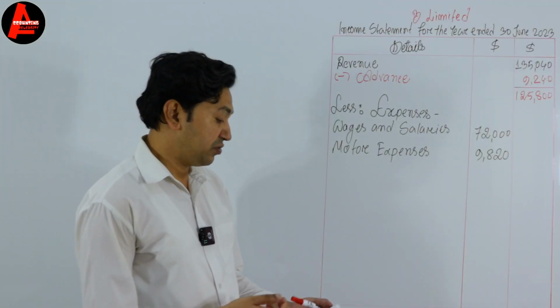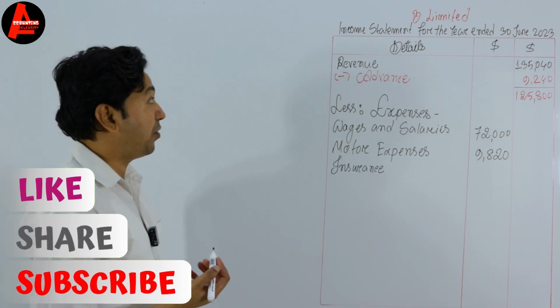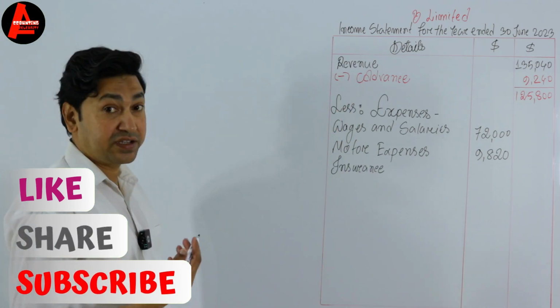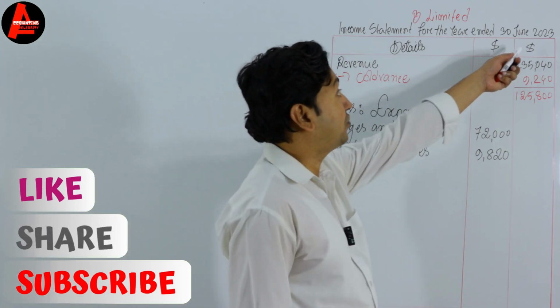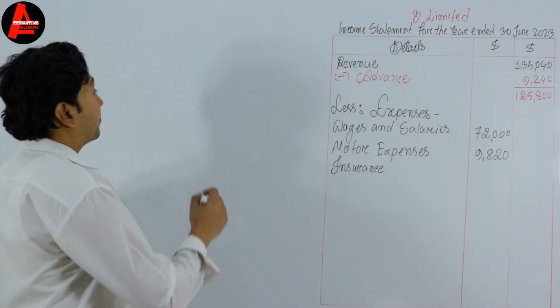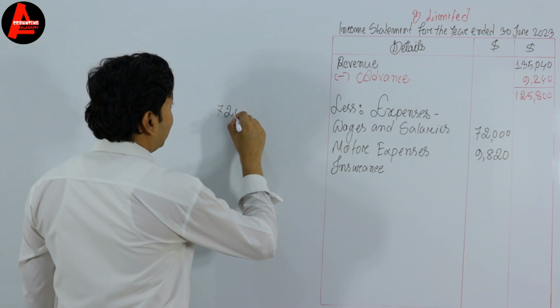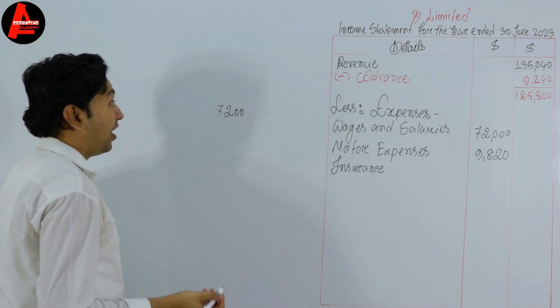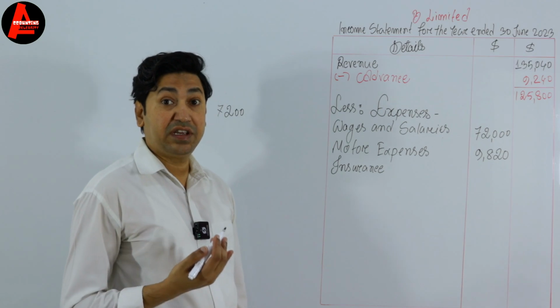So here we will write insurance first. We see two amounts. First of all, what is our financial year ending? It is 30 June 2023. The first amount, insurance $7,200, was paid until 31st December 2022.